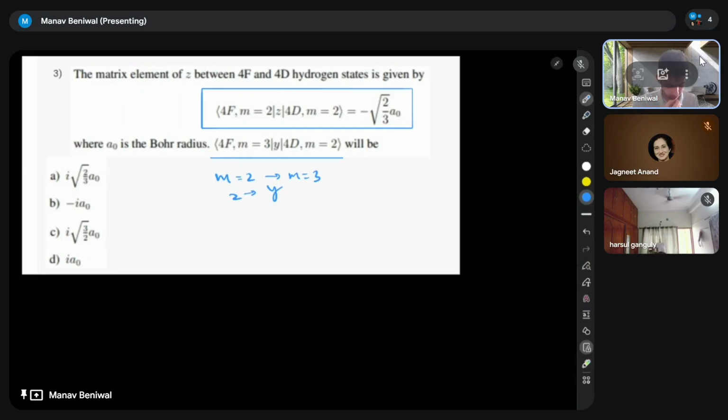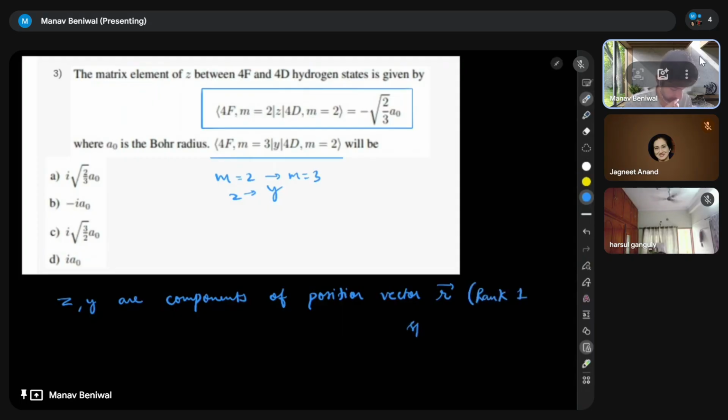Let me write: z, y are components of position vector r, and this r is a rank 1 spherical tensor.